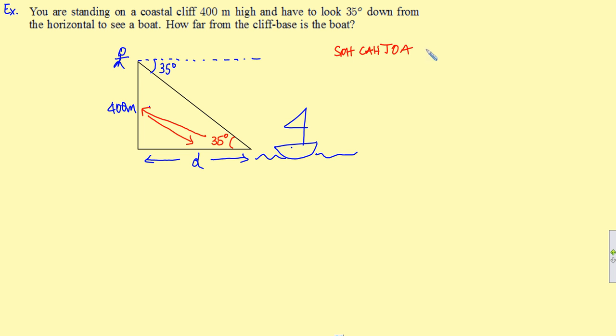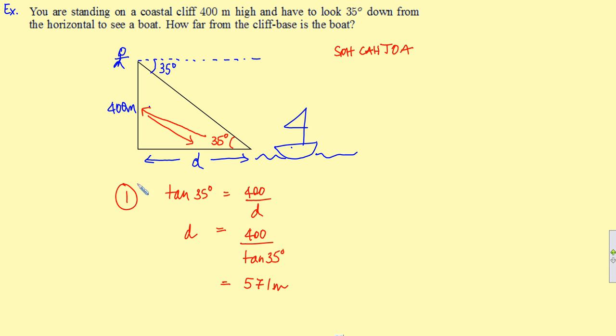So the tangent of 35 degrees is equal to 400 over d, and d would equal 400 divided by the tangent of 35 degrees. I get approximately 571 meters. So there's a distance of approximately 571 meters from the base of the cliff to the boat. That would be one method that I could adopt.